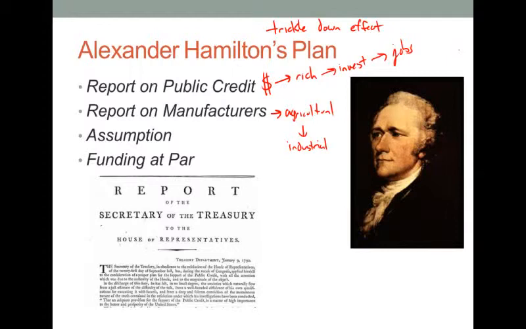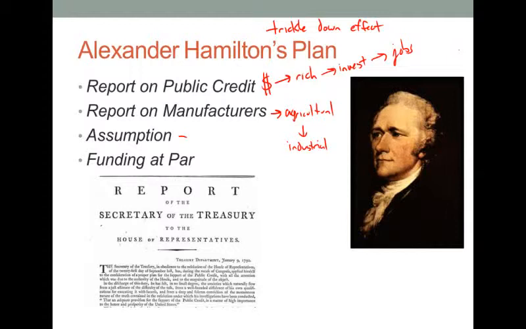So ultimately what he decides to do is he says, here's what I want us to do. Part one of my plan is to assume the state debt. That's called assumption. What does that mean, assume the state debt? I'm going to assume your debt. To take on the state's debt.